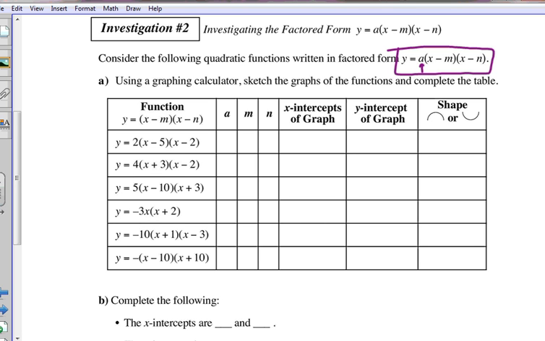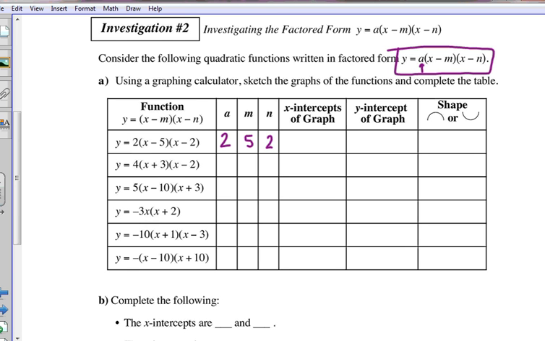Okay. So in this first one, a is 2. What's your m value? Because the formula has a minus in it, the actual m value is 5. Right? Because x minus 5. So 5 and 2. This one?